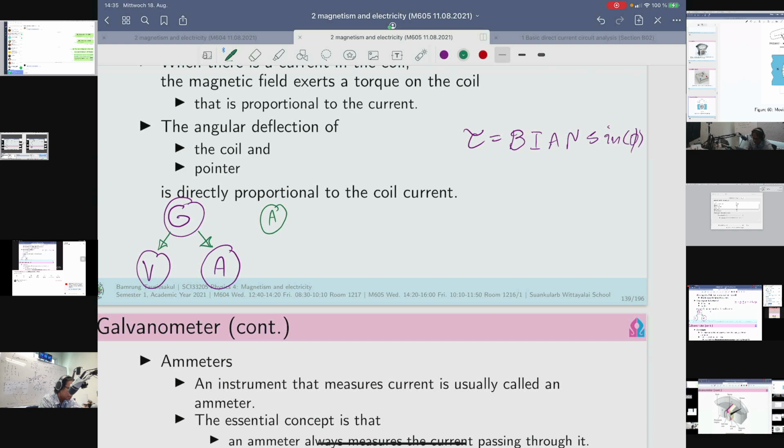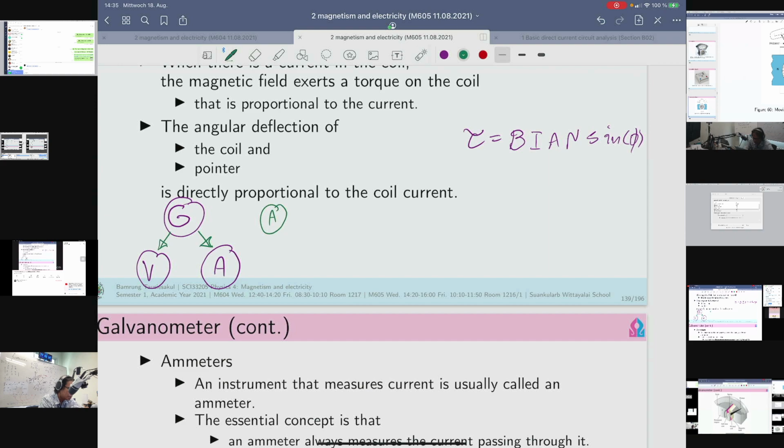Let's consider the first one. When we are interested in applying the galvanometer as the ammeter, before that you may need to know first what is the theoretical idea of the voltmeter and the ammeter, right?